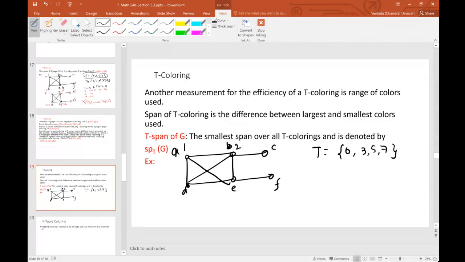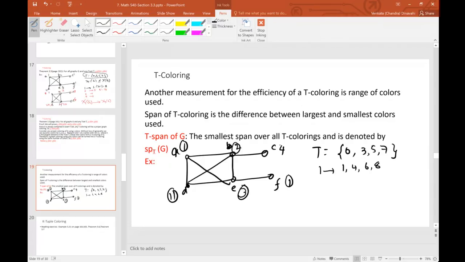Now I want to use the smallest channel numbers. So I make this channel 1, this channel 2. Now once I have 1, this can be 3, because 1 plus 3 is 4 and 1 plus 5 is 6. So I cannot assign these numbers to any of these, but I can assign 3 there.